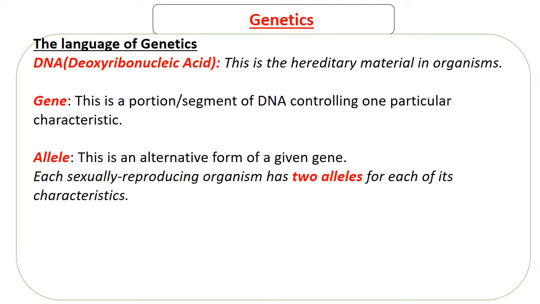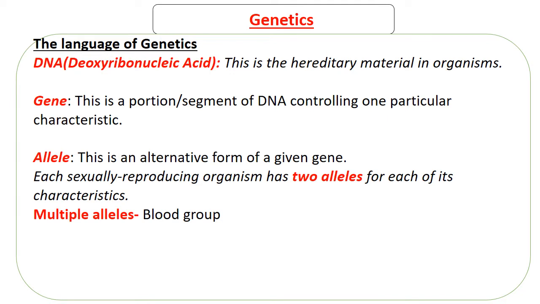So each sexually reproducing organism has two alleles for each of its characteristics. Like I said, tallness, shortness. So this should stick. Each sexually reproducing organism has two alleles, which means two opposite genes, or two contrasting genes, or two alternative genes.